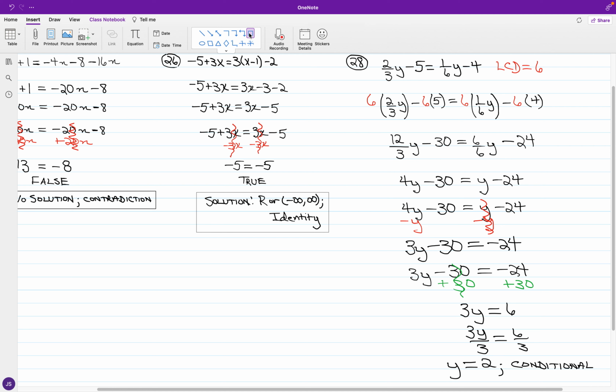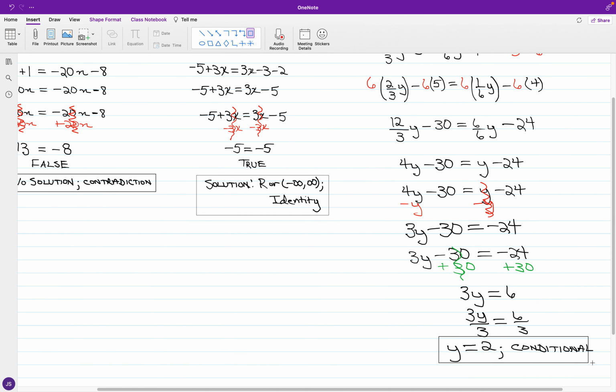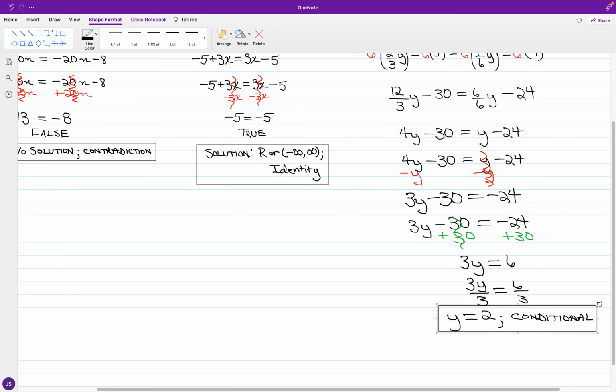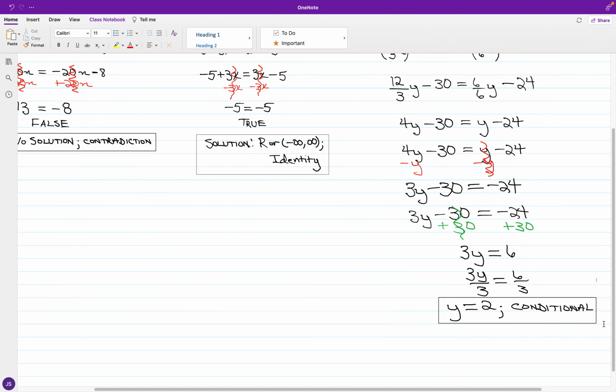Now we transitioned from the categories of conditional, contradiction, and identity, and made the segue over to working with quadratic equations.